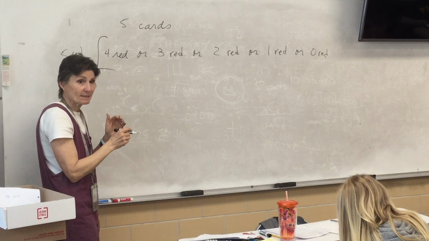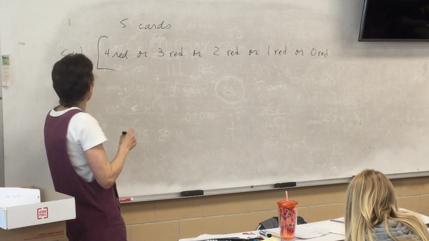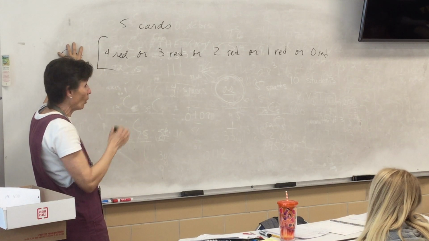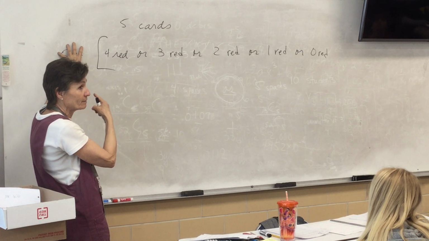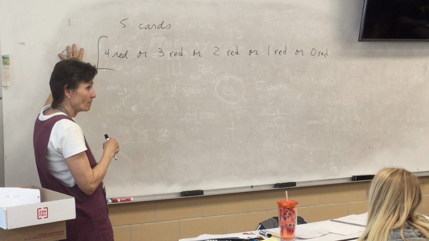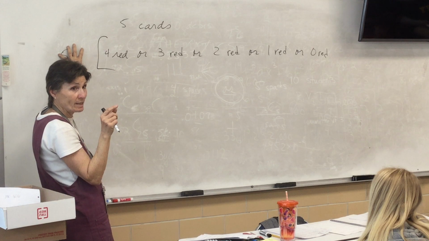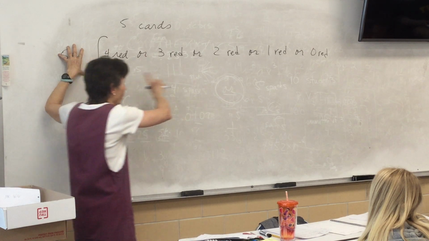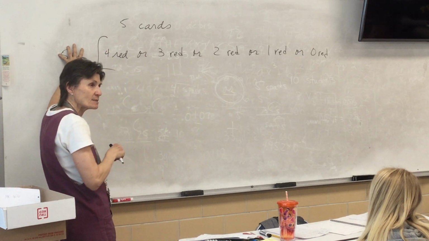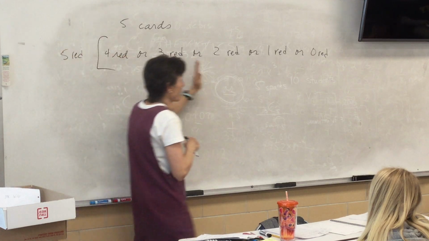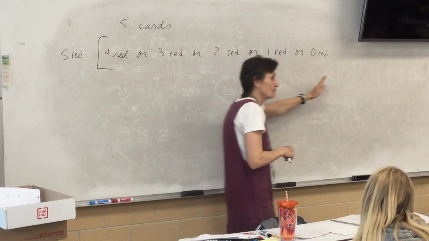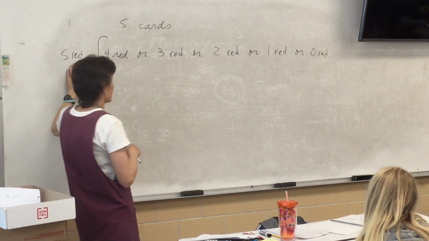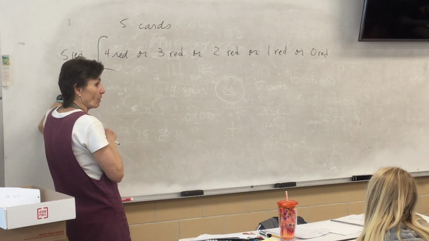So if we find the probability of what I don't want, the only thing I don't want is all 5 red. If I find that probability and subtract it from 1, that will be all of that added up. Does that make sense to you? All these have to add up to 1. So if I do 1 minus this one, I'm gonna get all that.